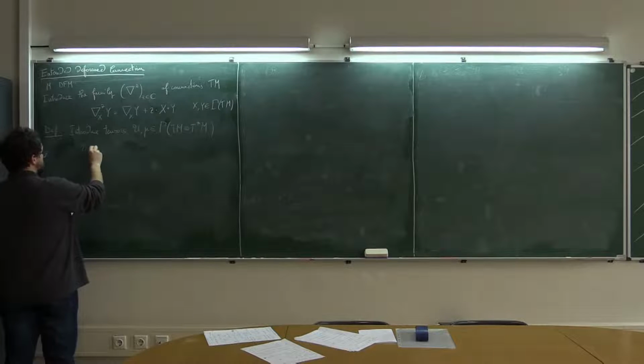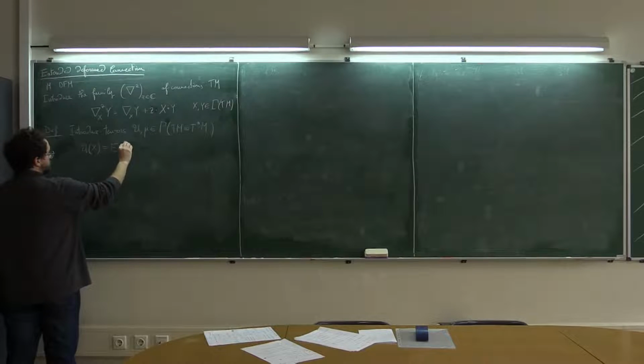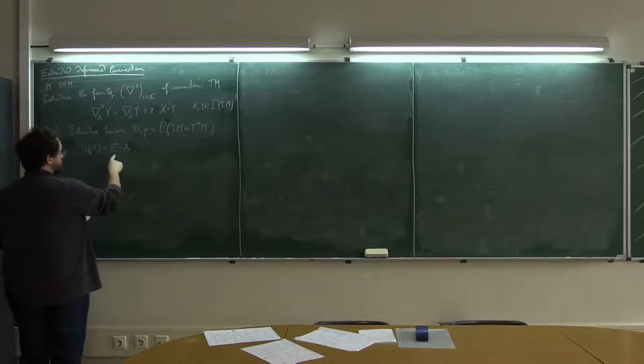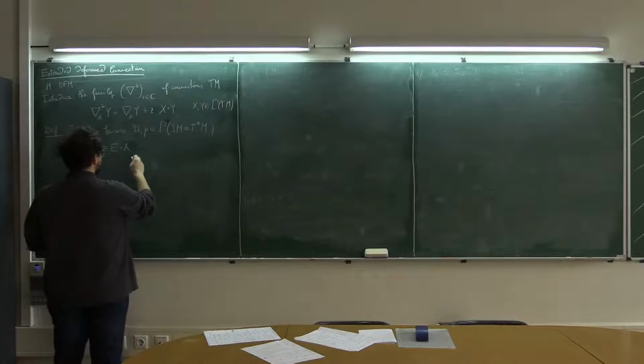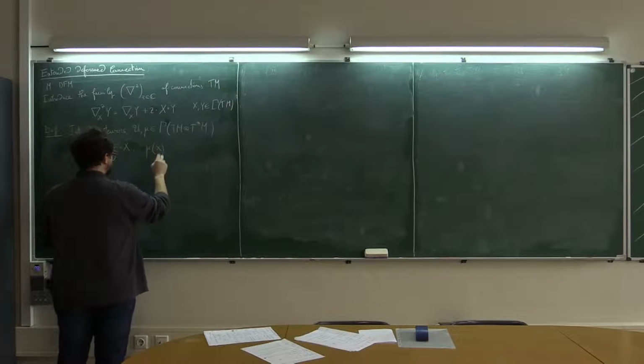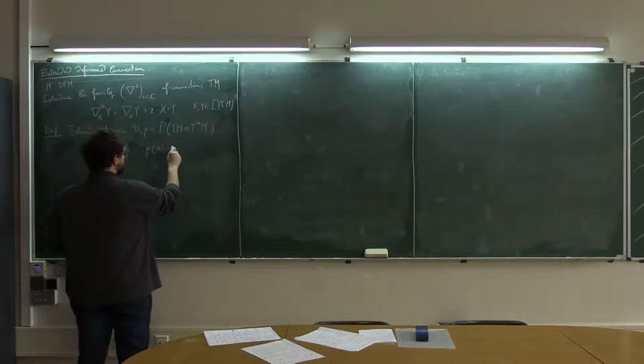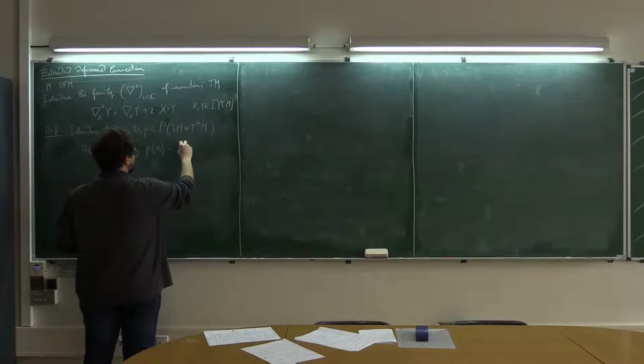U applied to a vector field X is defined to be just the product E, the Euler vector field, times X. Mu applied to the vector field X is defined as follows.